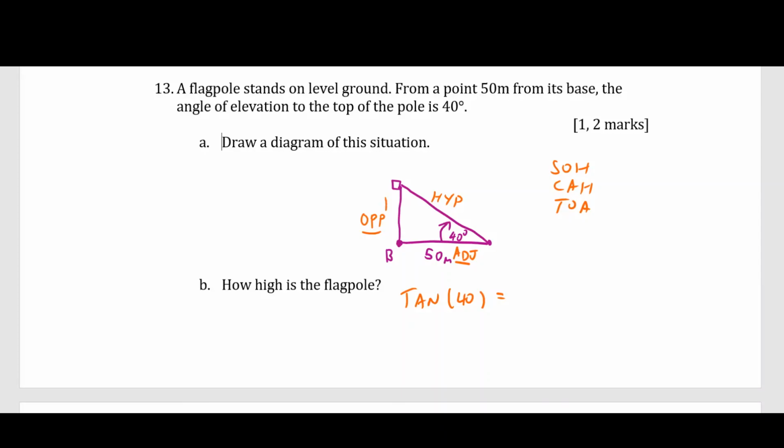I'm going to call it side K, just to make things easy. K over 50. So K equals 50 times tan 40, which is 41.95 meters.